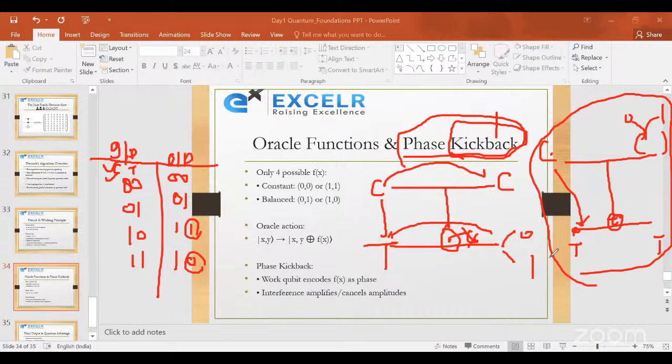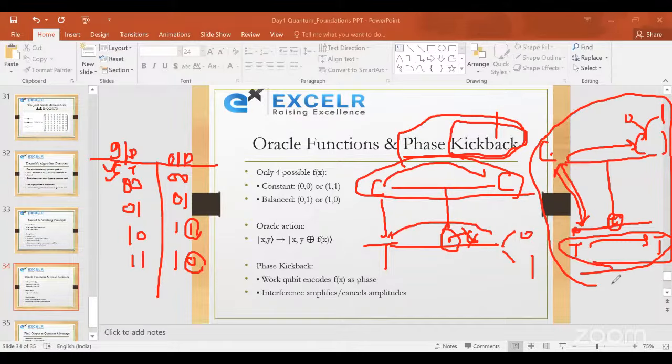If anyhow the circuit is such that, instead of control, the target is controlling what will come to the output, either 0 or 1, so the control will flip between 0 and 1, and the target will remain the same. If this same gate works like this, then we will call it a phase kickback.